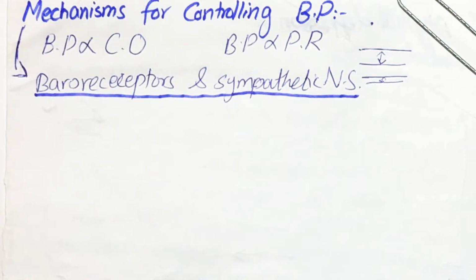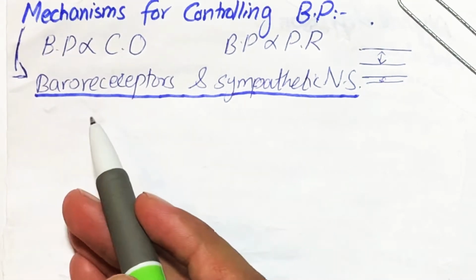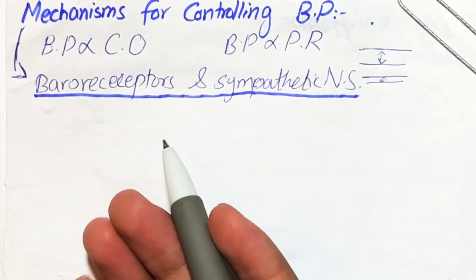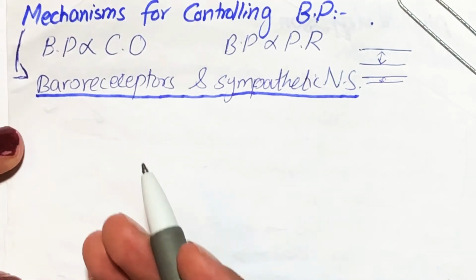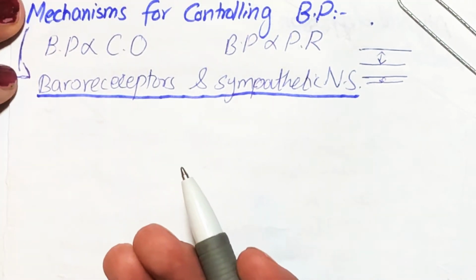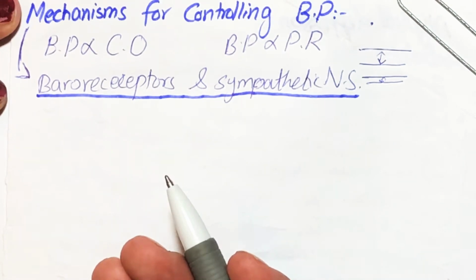And the second one is the Renin-Angiotensin-Aldosterone system. So first of all, we are going to be talking about the baroreflexes, or baroreceptor and sympathetic nervous system, control mechanism.